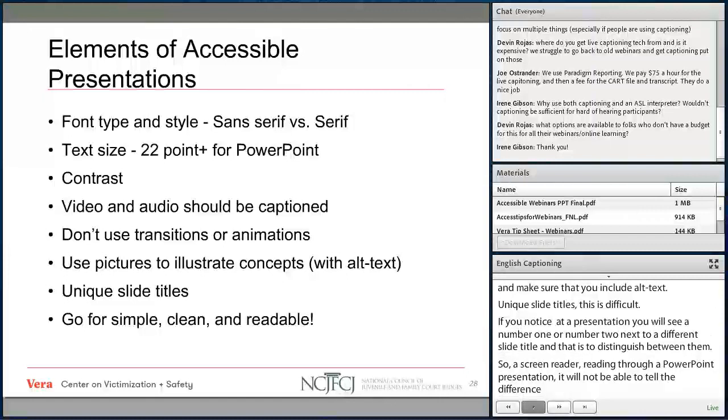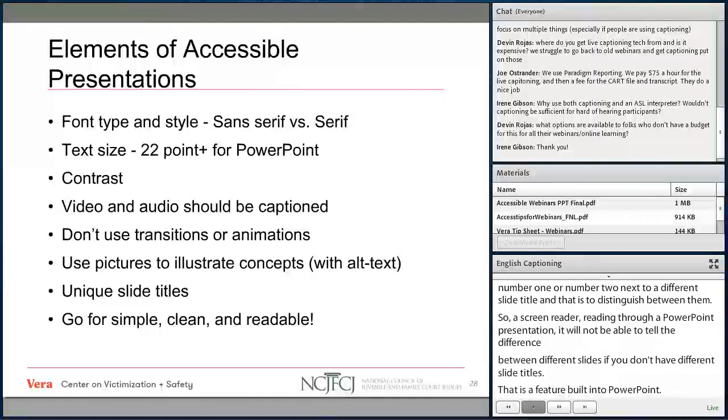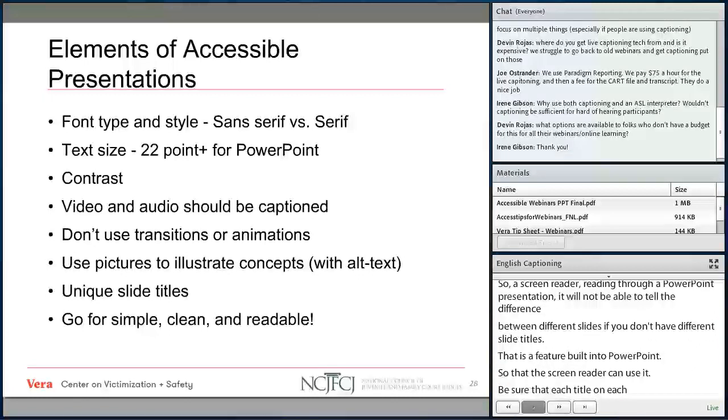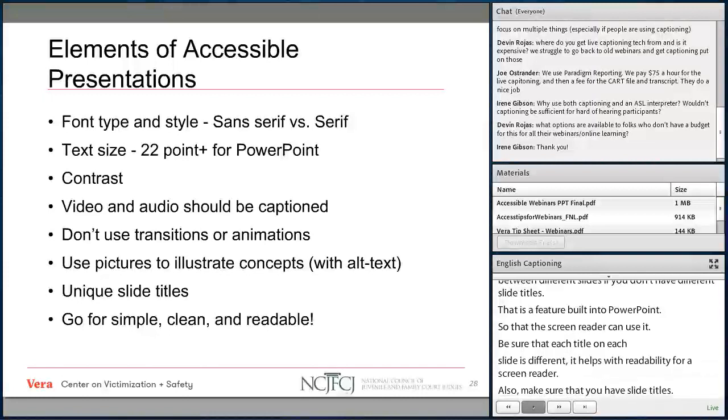So making sure that each title on each slide is a little different definitely helps with readability from a screen reader perspective. Also make sure that you have slide titles. I know that sometimes we'll get presentations where it will just be a picture on the slide. It doesn't have any title.